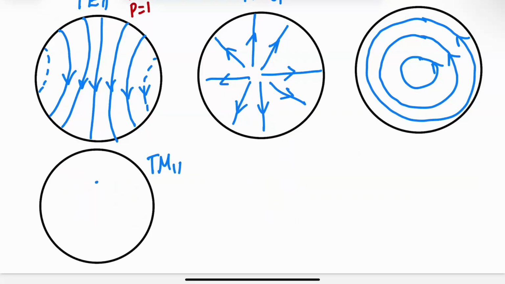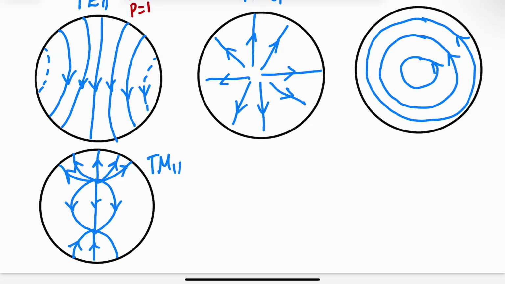There's a null here, a null here, and there is field distribution, kind of goes out like that. And then again comes in, and then again goes out like that. Okay, so I'll just draw the arrows to be this way, and then the arrows flip, and then again the arrows flip. So this is a higher order mode.